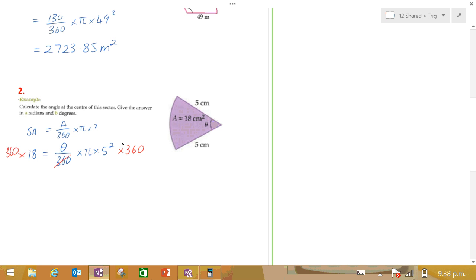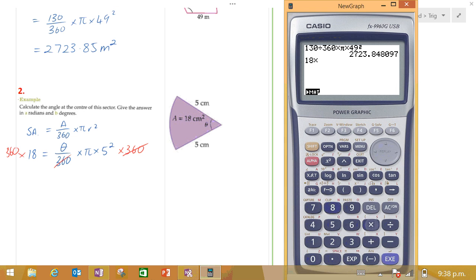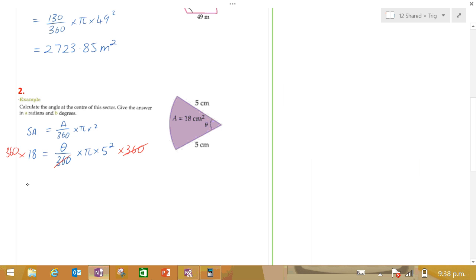And so those will cancel on that side. Our next step of working, I'll need to work that out, 18 times 360, 6,480. So I've got 6,480 equals theta times pi times 5 squared.